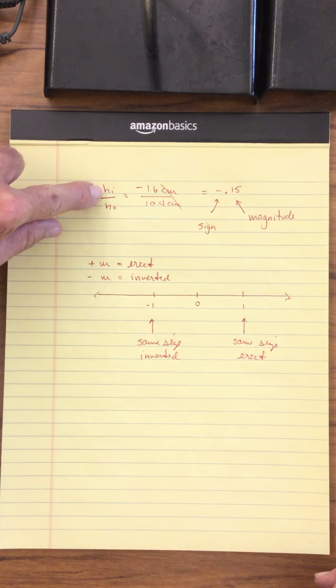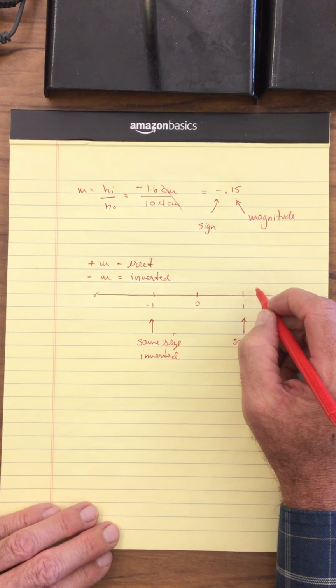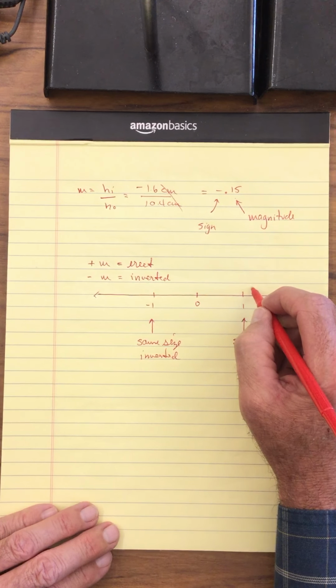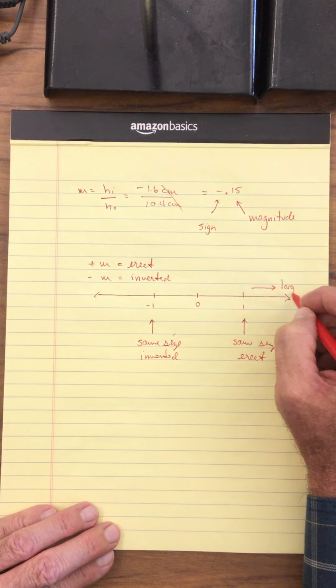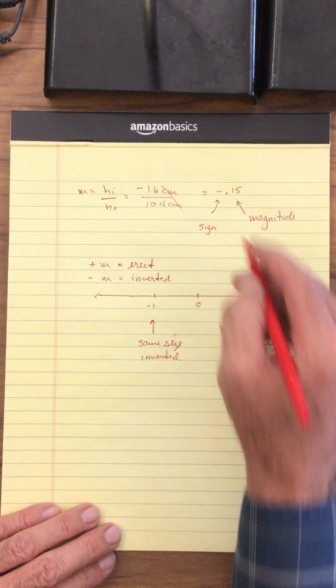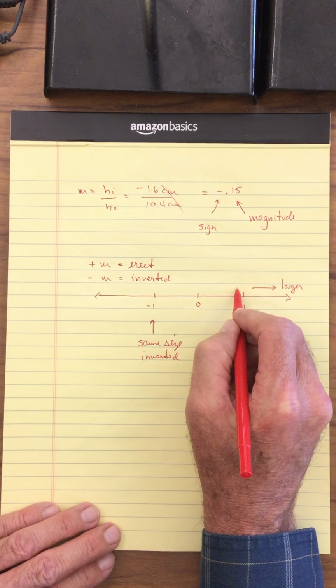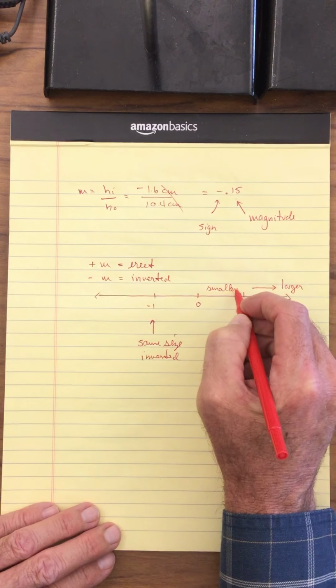That means my image is going to be larger. So if the number is larger than 1, your image is going to be larger. If it's less than 1, in this zone here, it's going to be smaller.